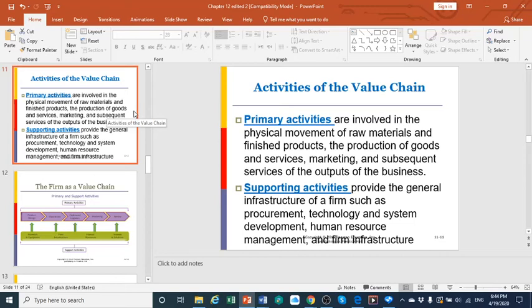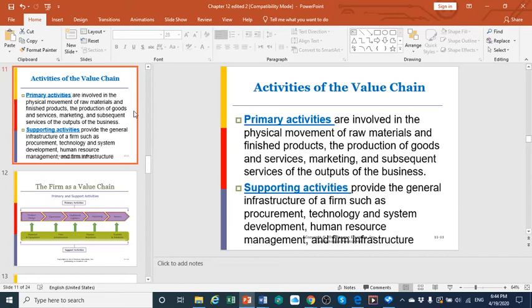Each company should provide certain activities which are called primary activities, in addition to other activities which support the primary activities. Primary activities are involved in the physical movement of raw material and finished goods, which means the production of goods and services, such as marketing and subsequent services of the output to the business at the end.